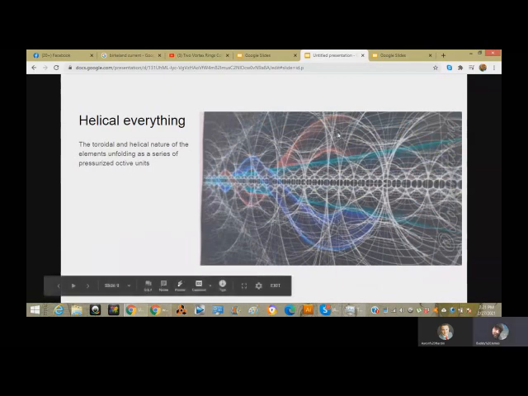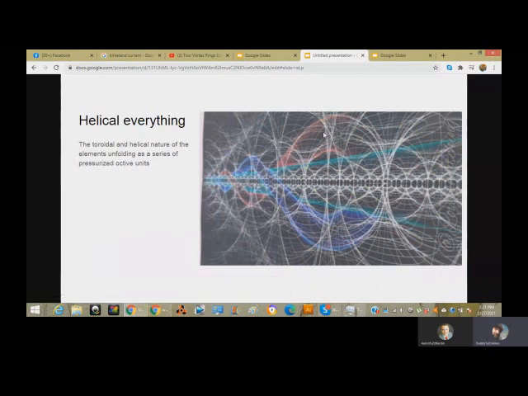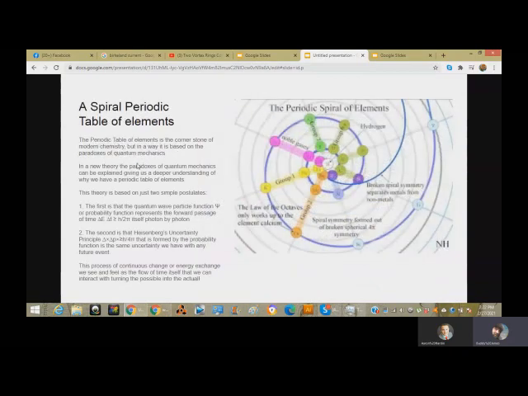Either way, all the way up and all the way down, these filaments exist, and you have the male and the female aspect of them perpetuating the genealogy, which is also the same geometry, the exponential geometry of 2, 4, 8, 16, 32, and so on and so forth. The toroidal and helical nature of the elements unfolding as a series of pressurized octave units.